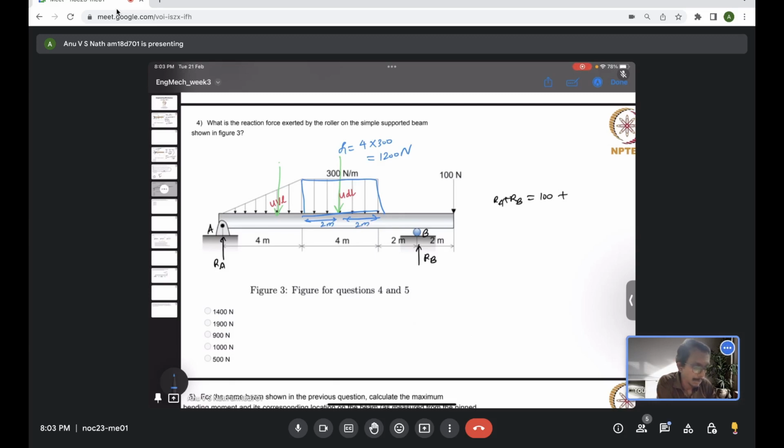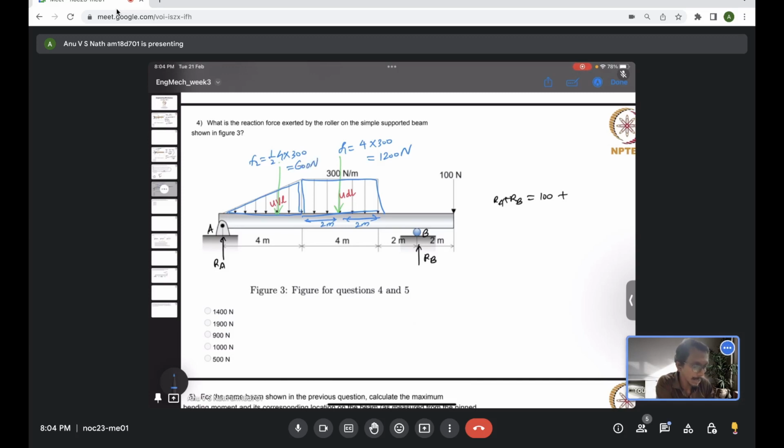Now if we consider the uniformly varying load, the area under this particular triangle is what we need for the loading, which is F2, half times 4 times 300, so basically 600 Newton.